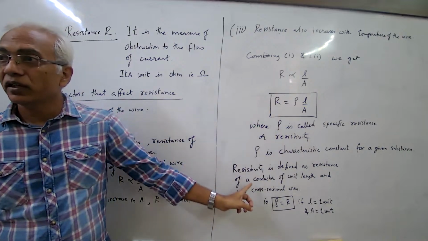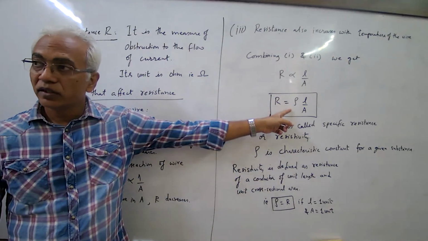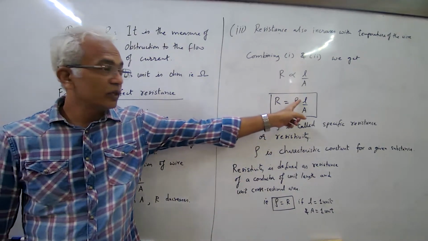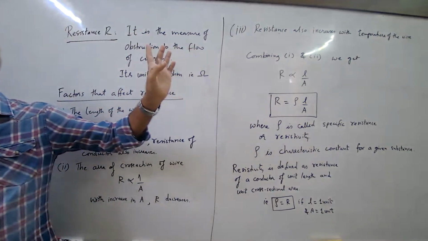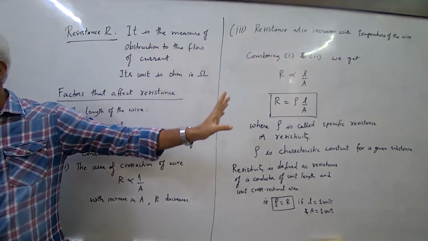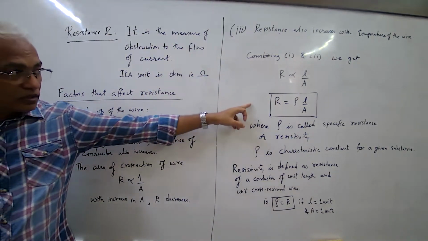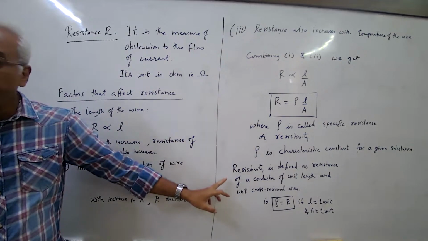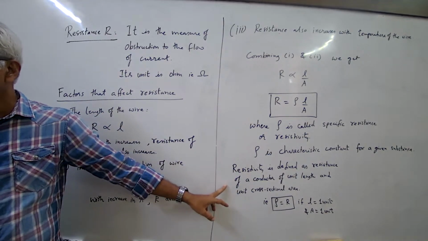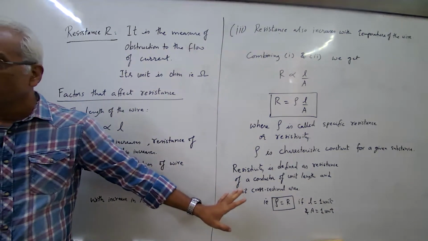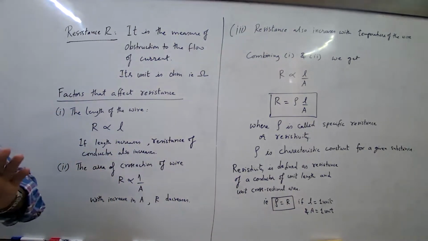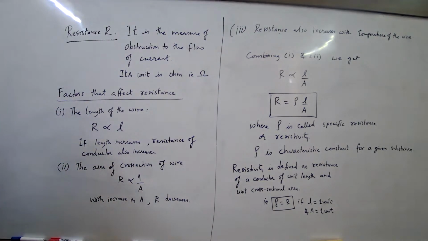The same thing I have written in English. Clear? So this mathematical expression is just written in English. So we are now fixing the dimensions. Resistivity is always the resistance of a conductor of unit length and unit cross-sectional area. That's all.